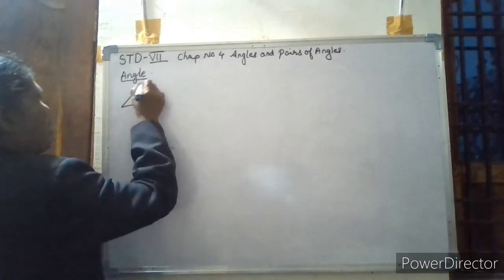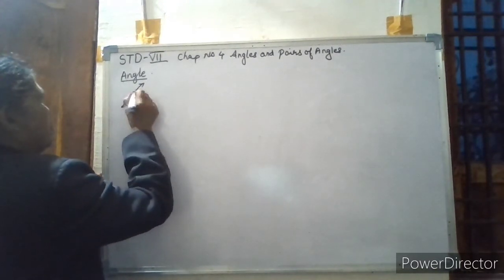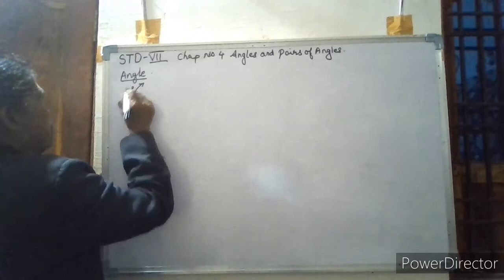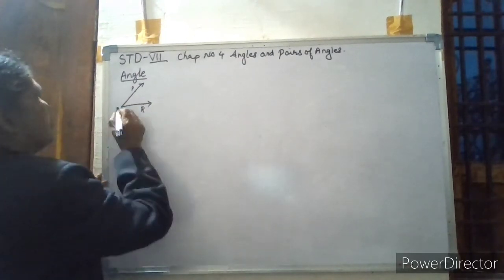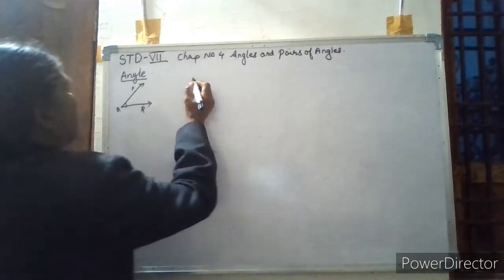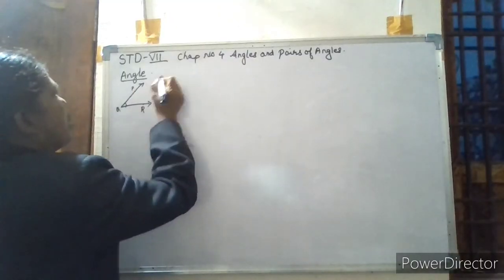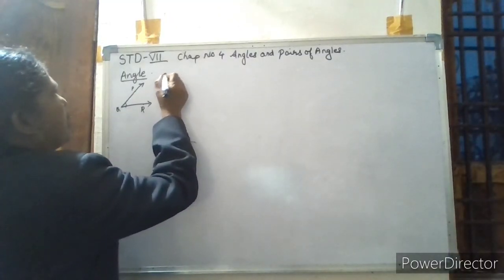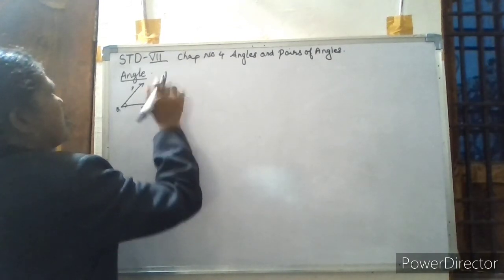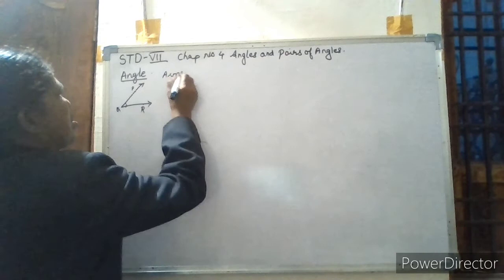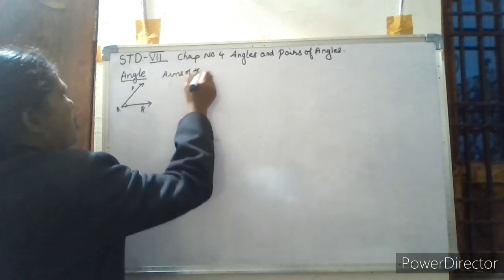This is an angle, name it as PQR. Now, these are the arms of the angle.